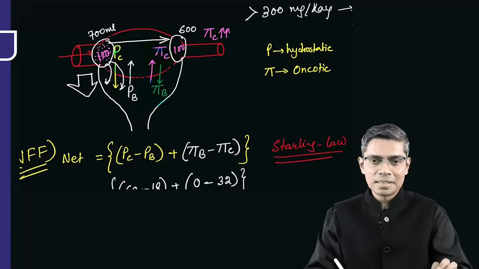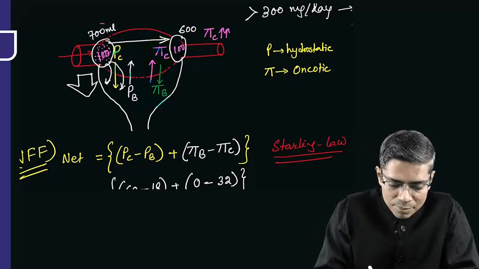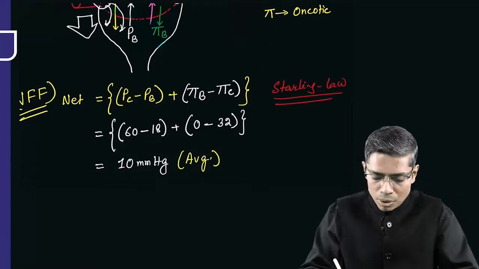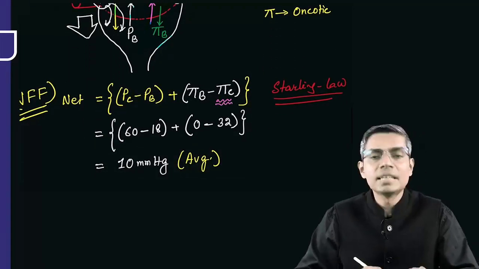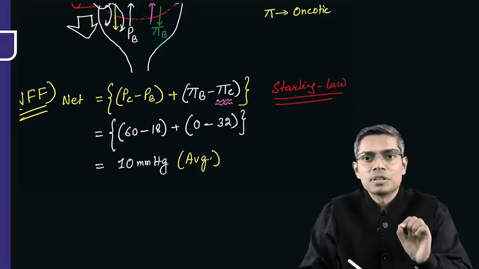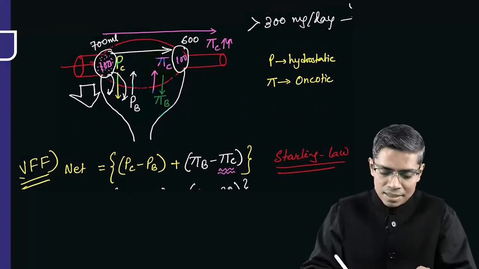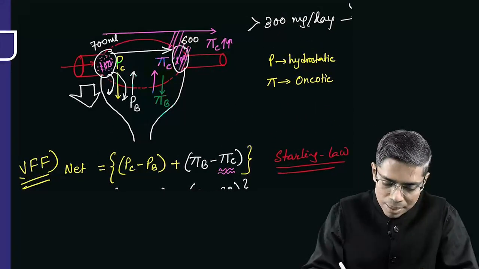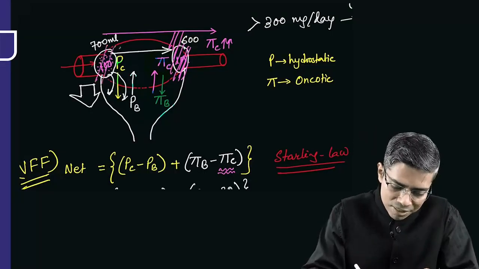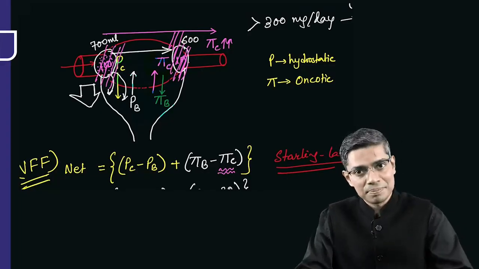So I can understand that oncotic pressure of the capillary is increasing from the afferent end towards the efferent end. And if the oncotic pressure of the capillary is increasing, it will cause a problem in filtration, meaning the filtration force will be lesser. That's why we can easily understand that the minimum filtration is going to happen at the level of the efferent end of this capillary, and the maximum filtration is going to happen at the level of the afferent end of the capillary, right?